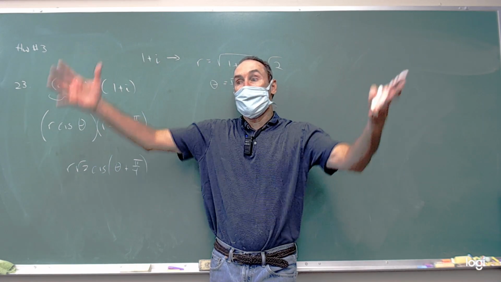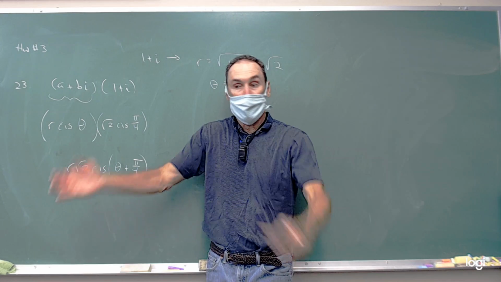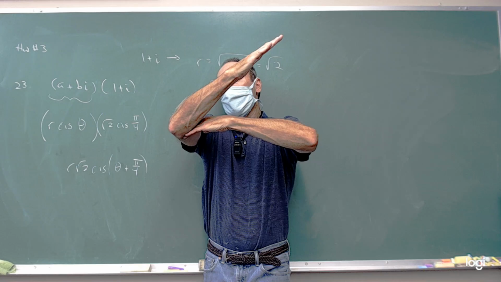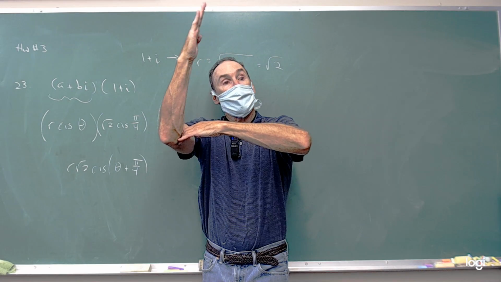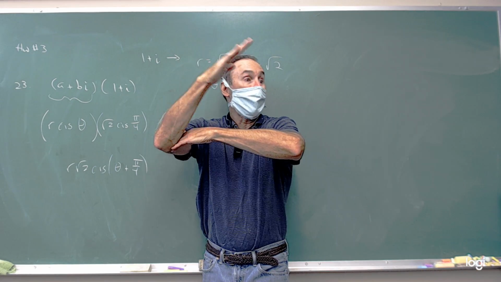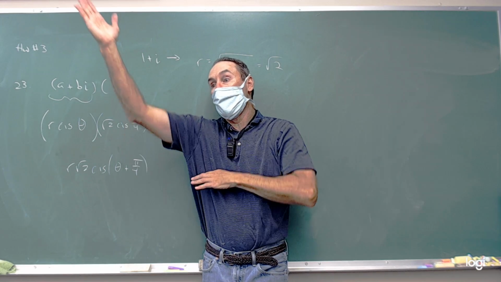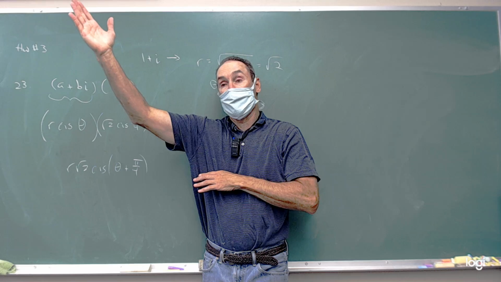So now imagine you're going to turn around and graph this thing. You're going to go to whatever theta was, and then what more angle are you going to go? You're adding that pi over 4, 90 degrees to that, and then you're going to go out the square root of 2 times whatever r was.